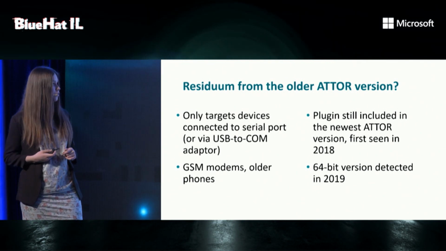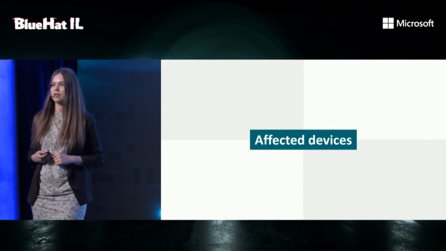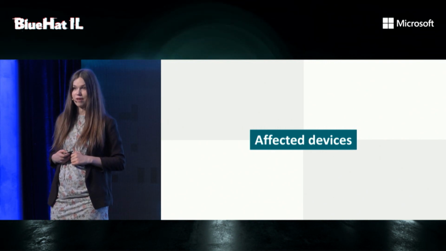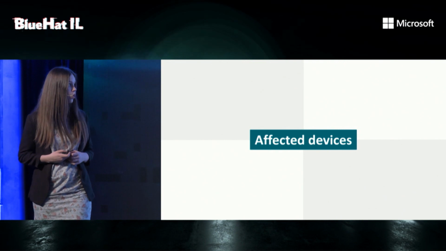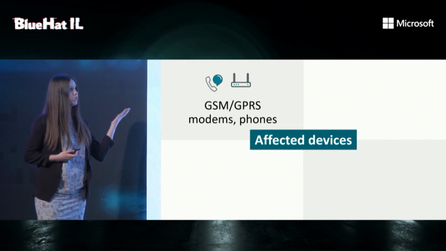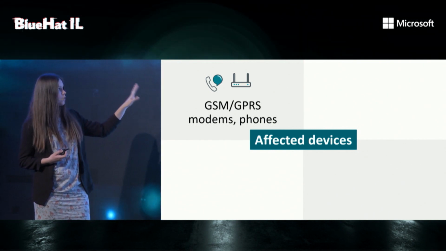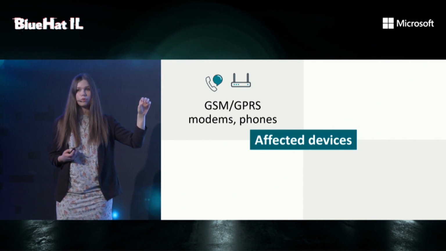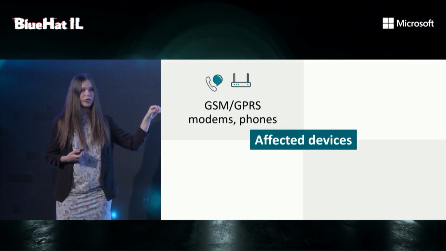And so there are different theories and different kinds of devices that could be affected by this malware. So first of all, obviously, it's the modems and older phones, which can be both connected by serial port and support AT commands.